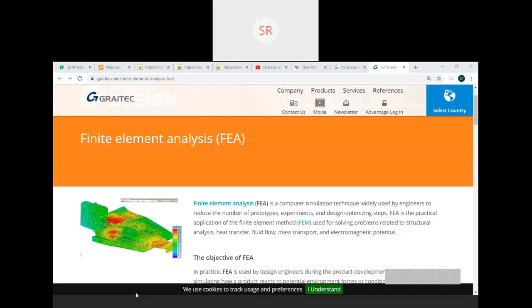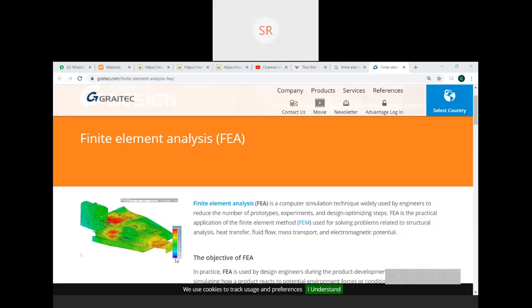After that, it is subjected to a particular force, and after applying the force, I'll get a clear indication of where the highest force is acting on this part and where the lowest force is acting.